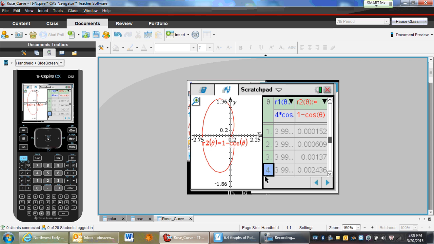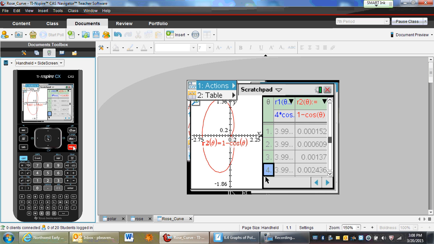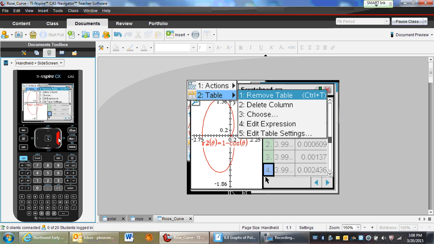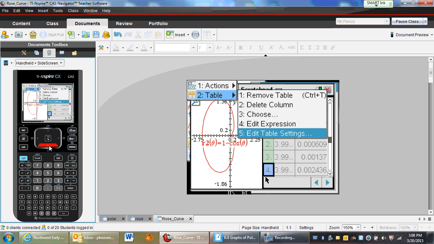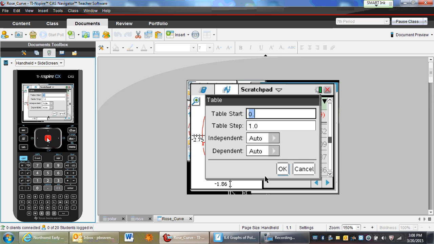So we could go to menu while you're on the table section, go to menu, and then go to table. And then we're going to go to edit table settings. And what we're going to do here, let's make our step pi over 6. So you could use the pi button and then divide it by 6. So that means that our scale for the angles will be pi over 6.